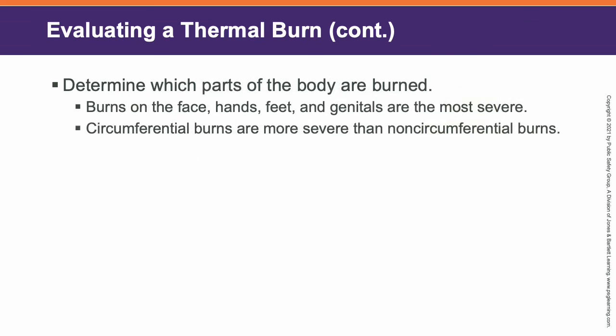Okay. The next thing you have to evaluate is which parts of the body are burned. So like I talked about earlier, places where the skin is the thinnest is where it's the most dangerous and the most deadly, per se, right? The most harmful, and the most debilitating. So burns on the face, the hands, the feet, and the genitals are most severe. So we talked about the hands and the feet have thicker skin.